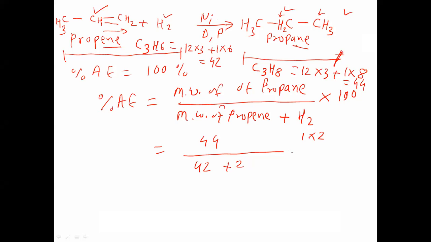molecular weight into 100. Okay, into 100. So molecular weight of product means molecular weight of propane divided by molecular weight of all reactants means propene plus hydrogen molecule, into 100. So we will get 44 upon 42 plus 2 is 44, into 100. So this gets cancelled, we get 100% economy.